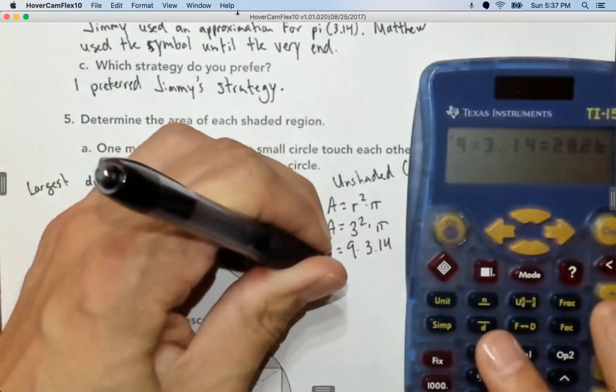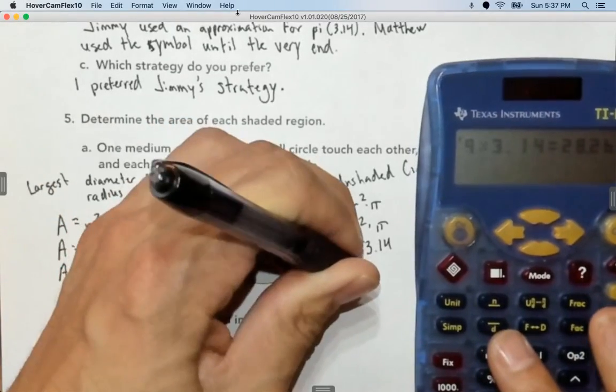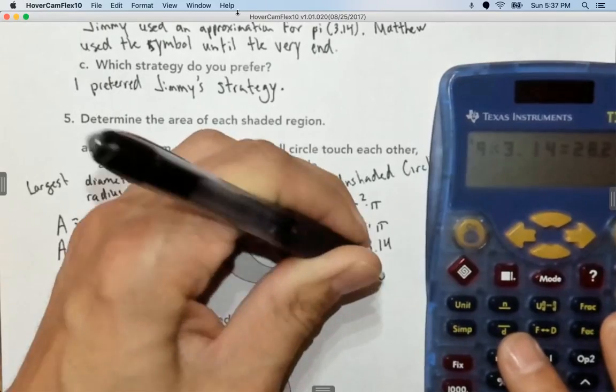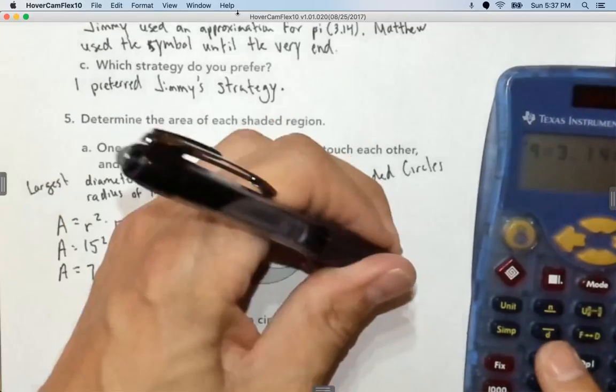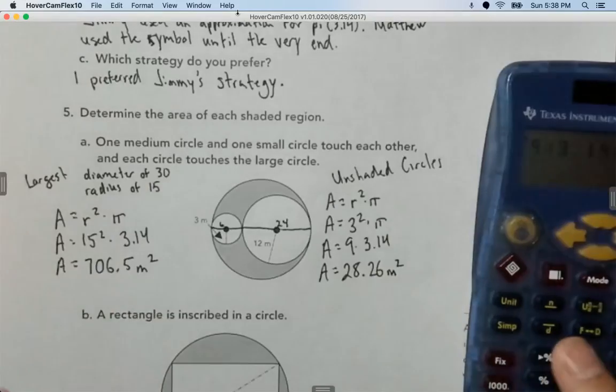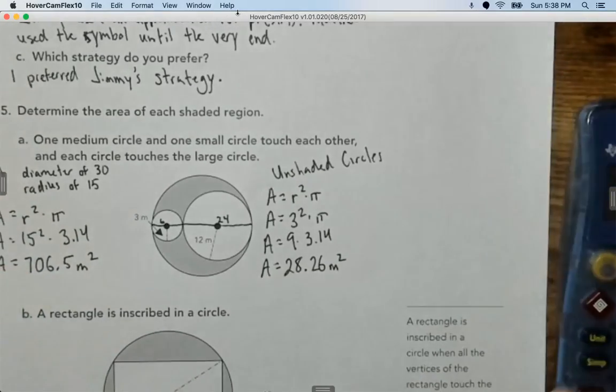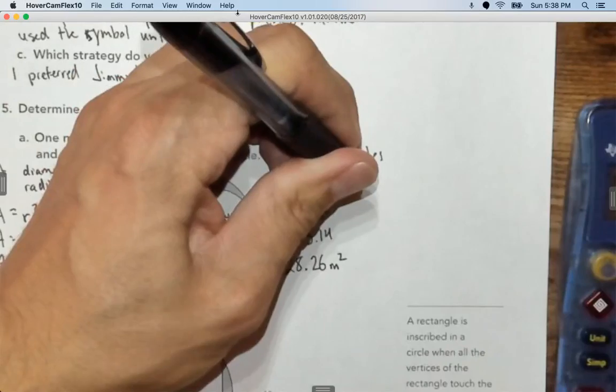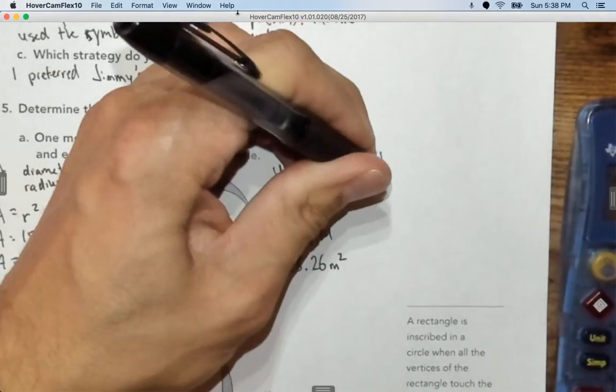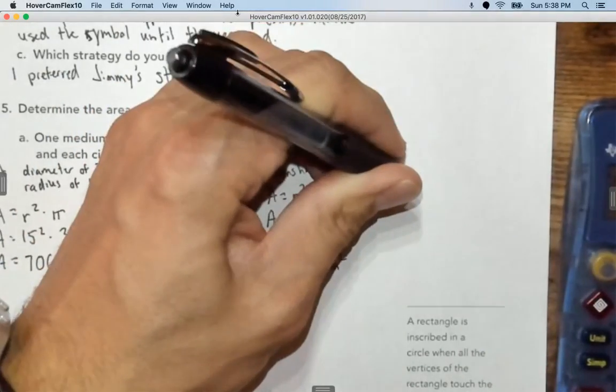And that gives me an area of the smallest unshaded circle of 28.26 meters squared. Then I need to do the larger unshaded circle, so that's going to be r squared times pi.